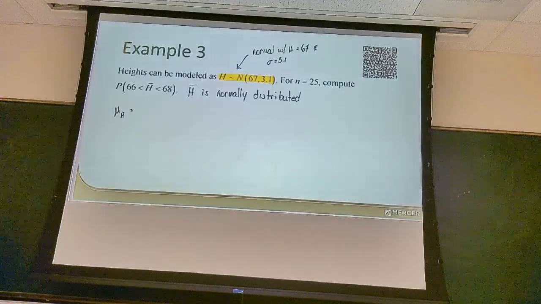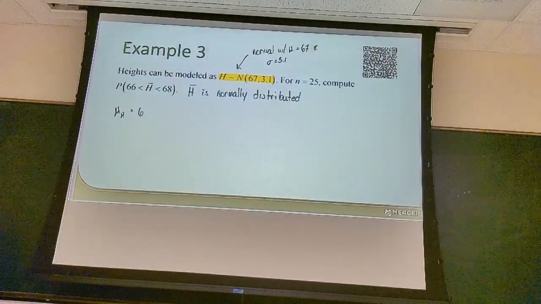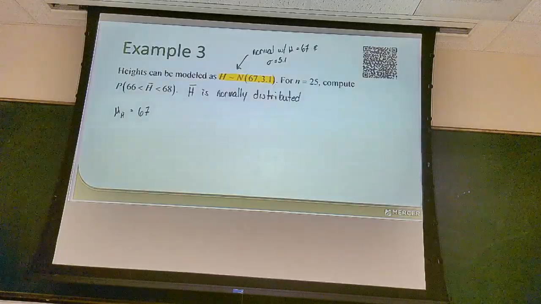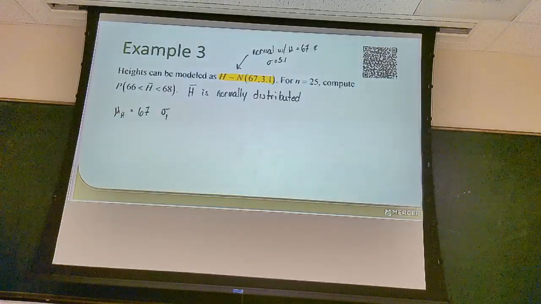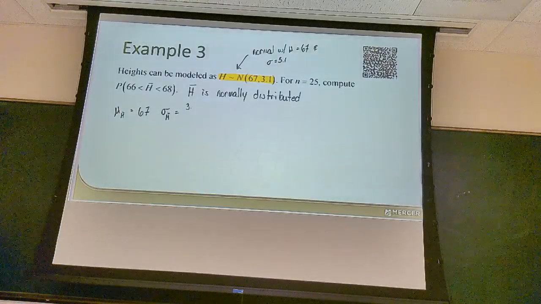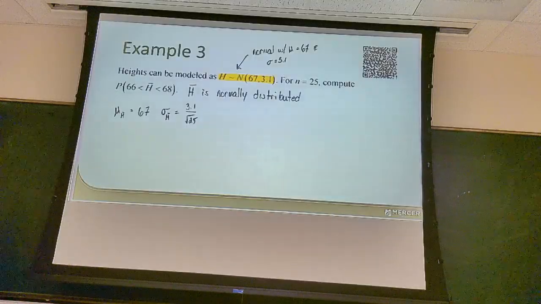So the mean of the average heights is the same as the mean height, so just 67. Our standard error is 3.1 over the square root of 25.